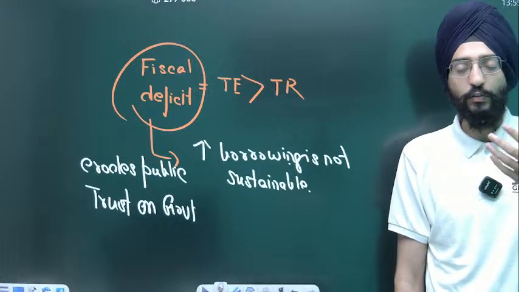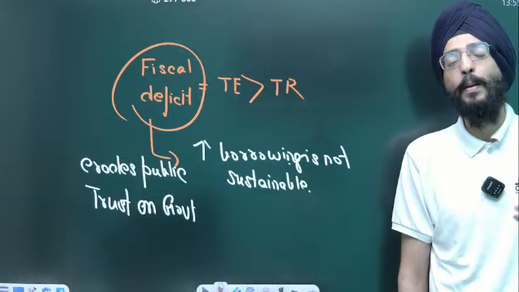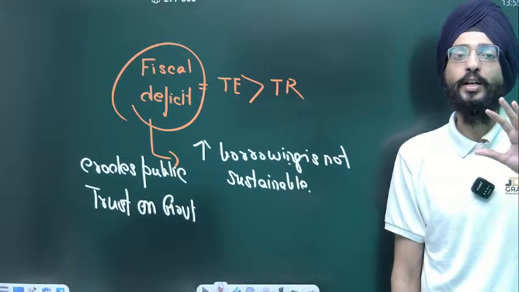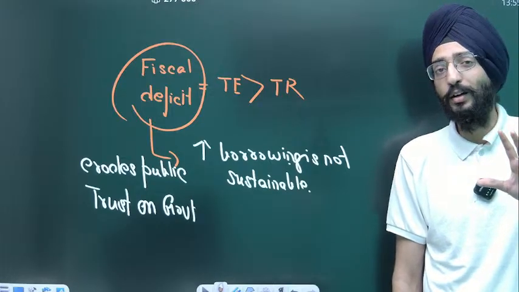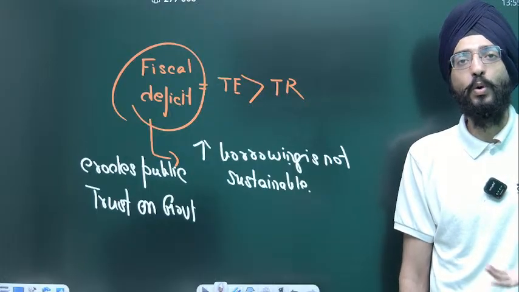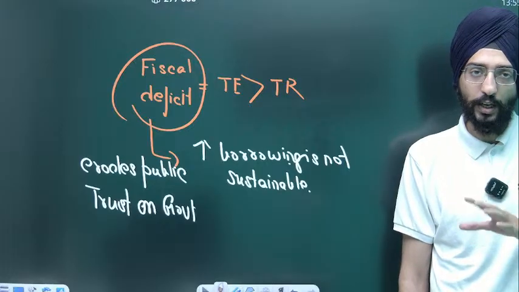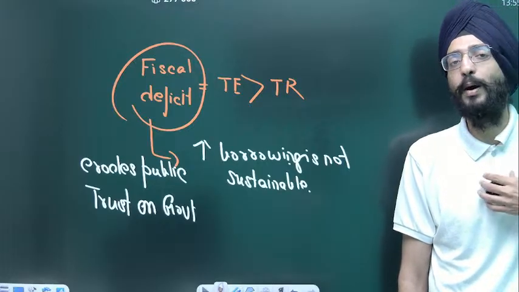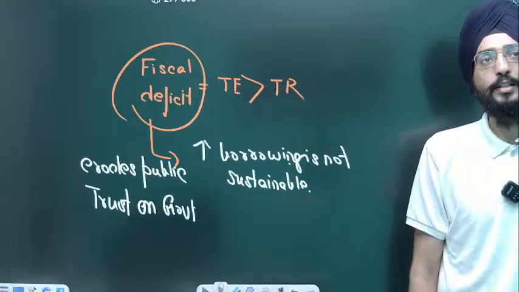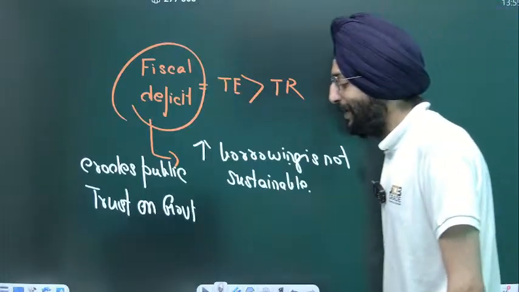But if you erode that trust, it's not going to sustain in the country. It will eventually lead to what? A no-confidence motion. So again, it will create turmoil in the economy and, obviously, in the legislative part as well.